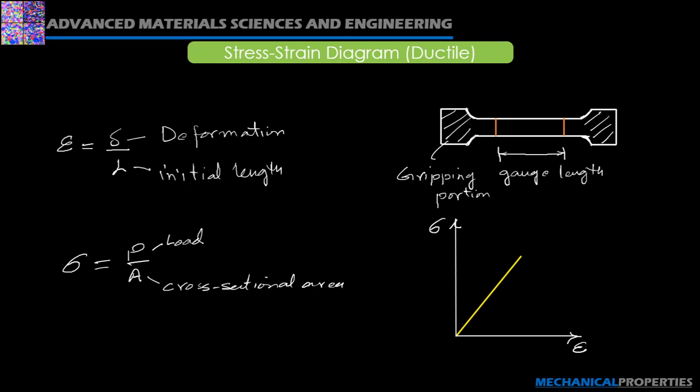We already know that strength is the maximum value of stress which a material can withstand. Every material has its own value of strength, and it is fixed for that particular material. We can define it as the ultimate tensile strength for any material, and this is symbolized with sigma u.